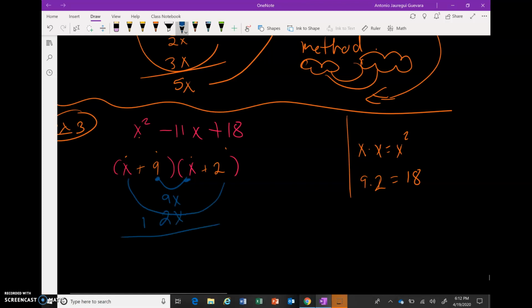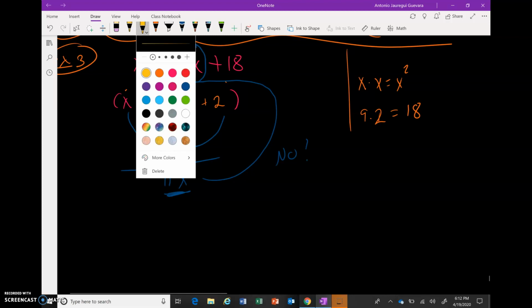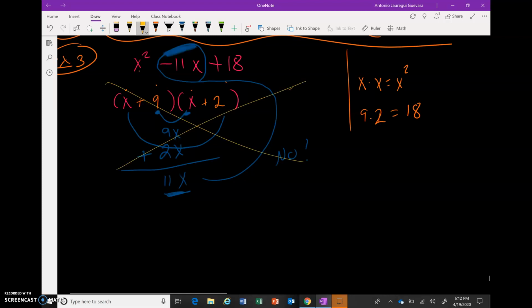Well, wait a minute, guys. When I add these two together, I get 11x. Is that my middle term? No. This gives me a positive 11x, and the middle term is a negative 11x. So that does not work, meaning I have to try to get another two numbers that multiply together to give me 18. It just takes practice. These examples are also in your book as well, guys.